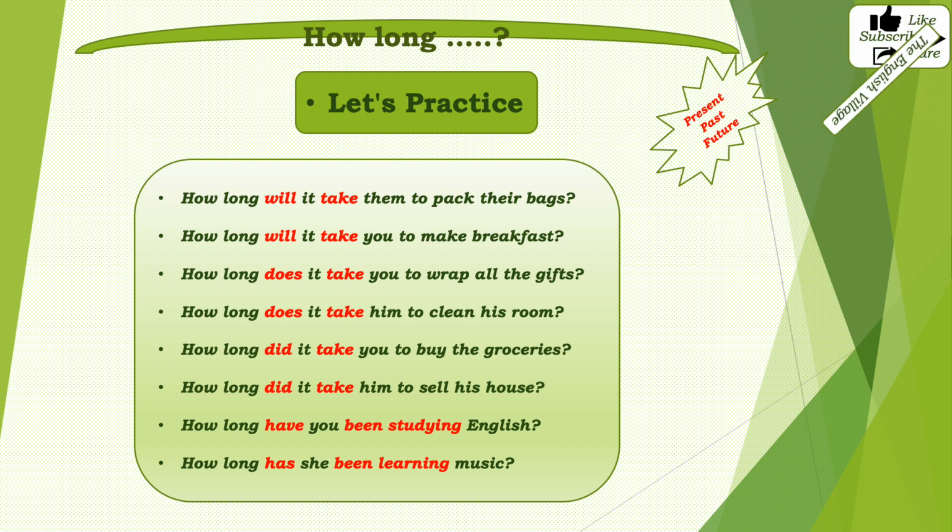You can use for or since to answer these questions. But think in your mind, why are you using for and why are you using since? Remember, for is used for a period or duration of time when we don't know the starting point, and since is used when we know the starting point. So pause this video, answer these questions, and come back once you are done.